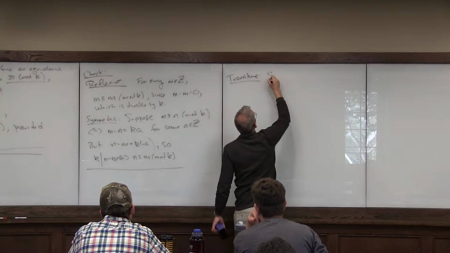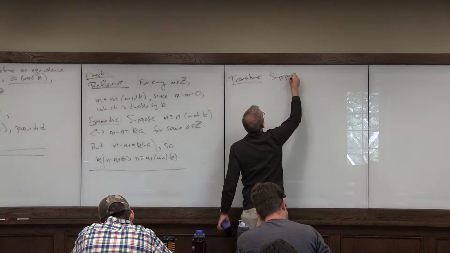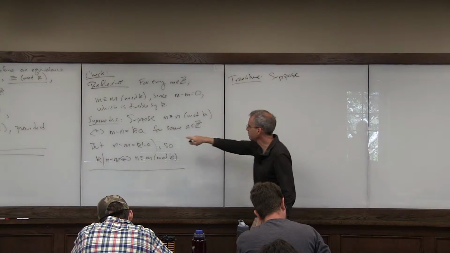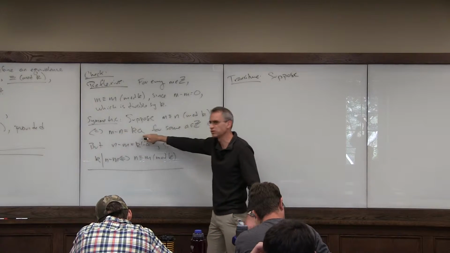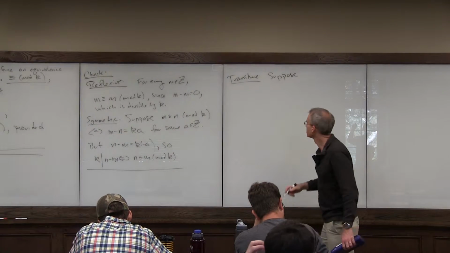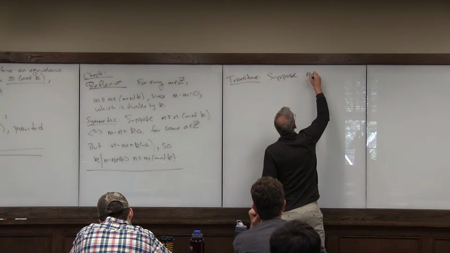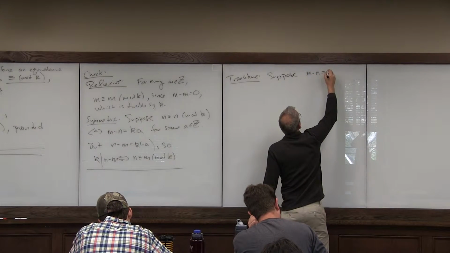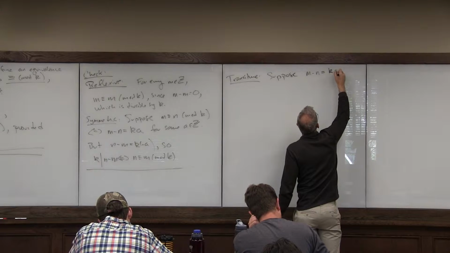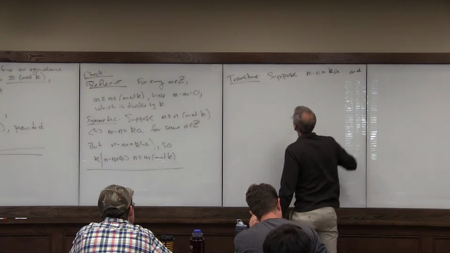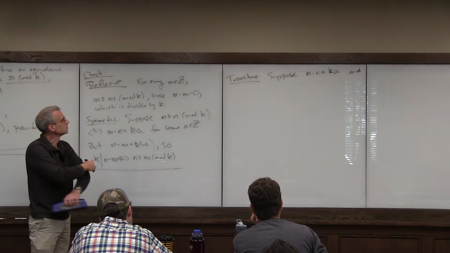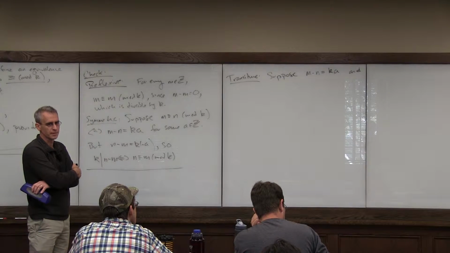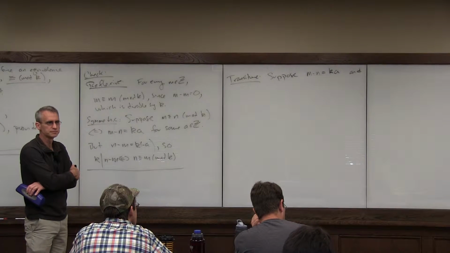So what do I suppose now? And let's jump right to the heart of it. Let's just use the definition of what it means. So I'm going to suppose that m minus n equals ka and what? Since I'm doing transitive, give me some letters.